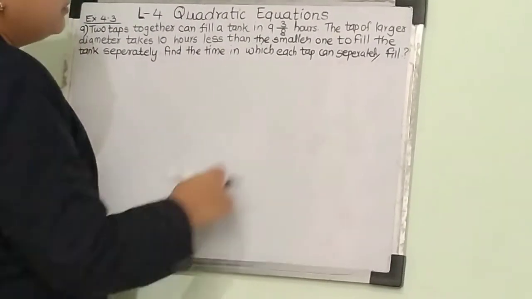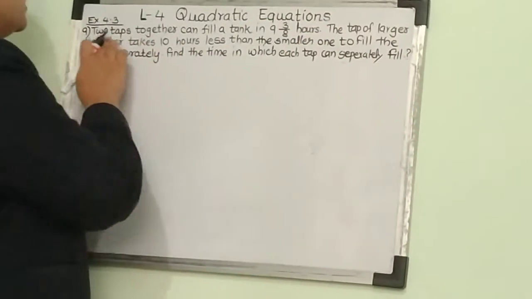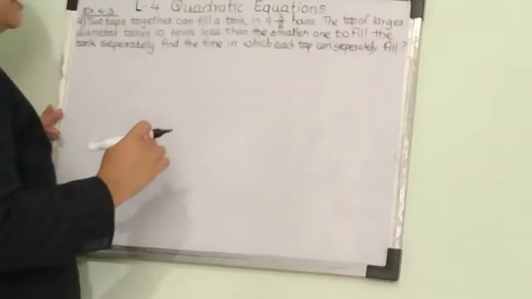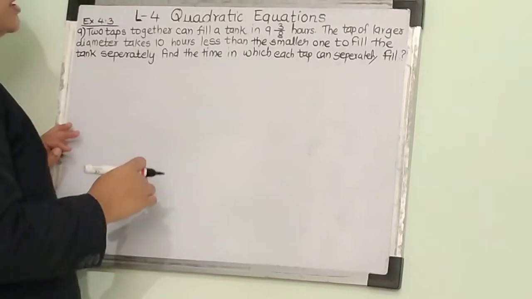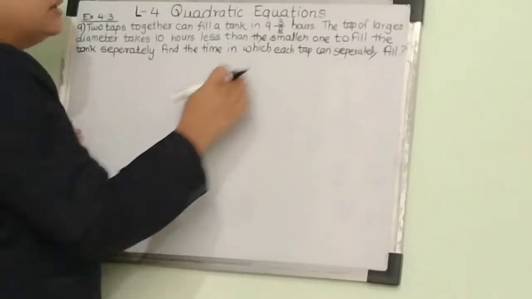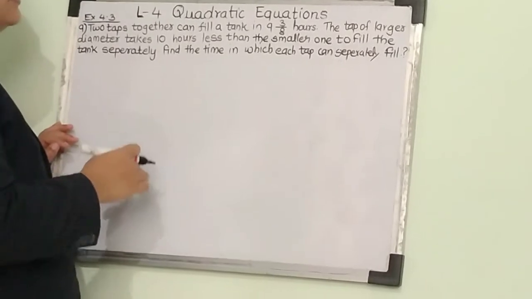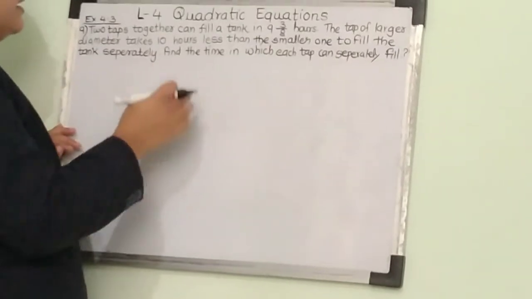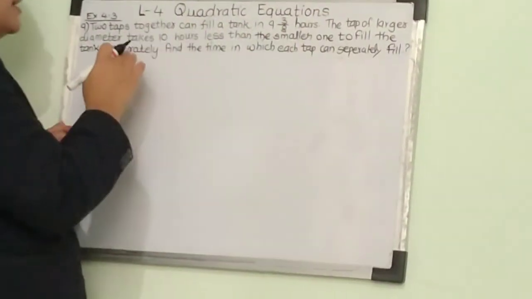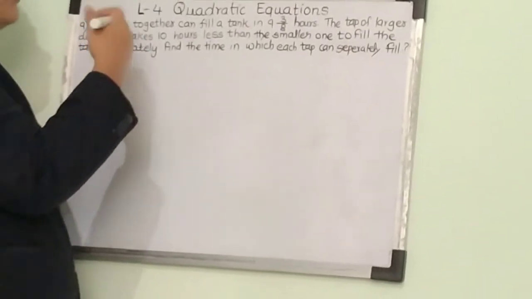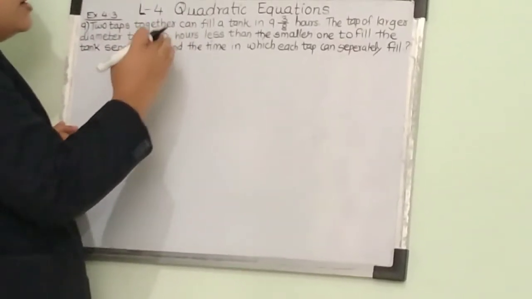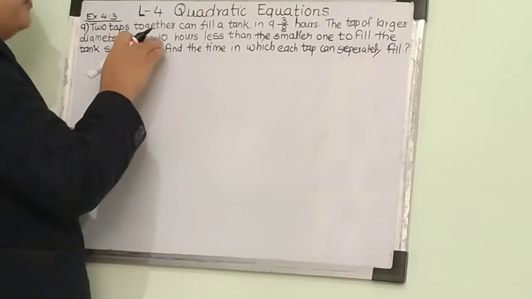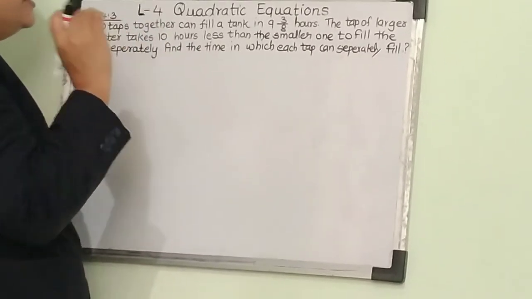So here what is given next? The tap of larger diameter takes 10 hours less than the smaller one. It means that suppose if we fill the tank by using the smaller tap, if it requires 30 hours in general, if I take, then the tap of larger diameter takes 10 hours less from this 30 hours. So we can say that the larger diameter tap takes only 20 hours.